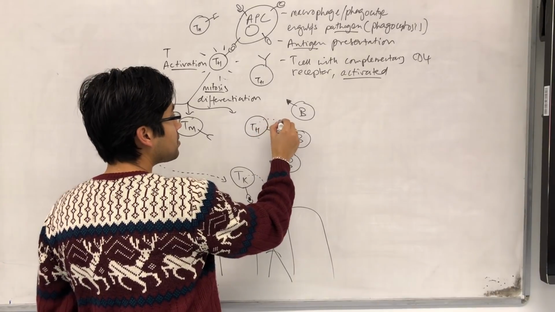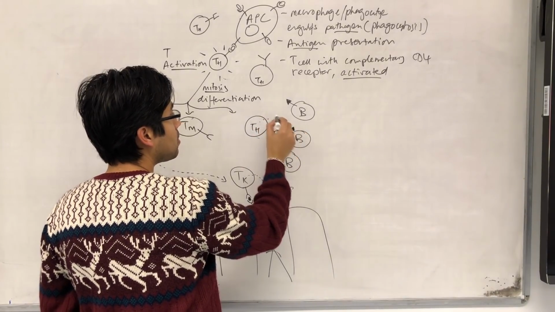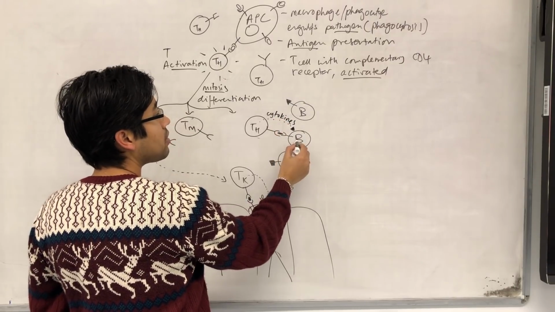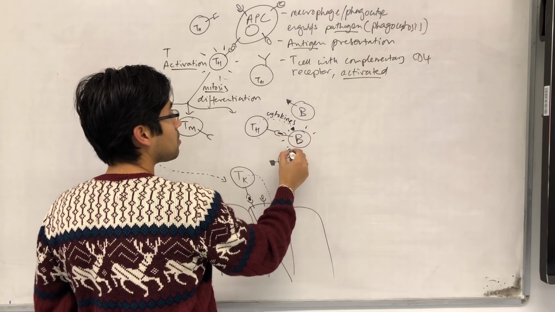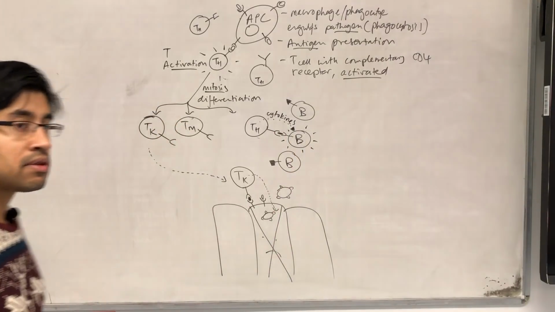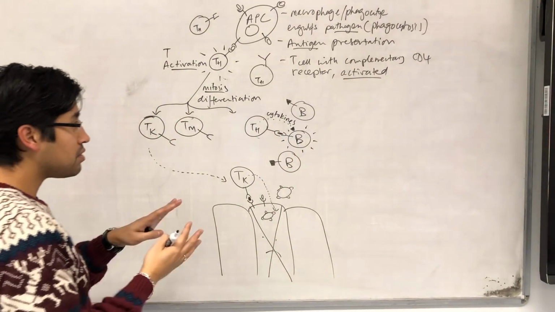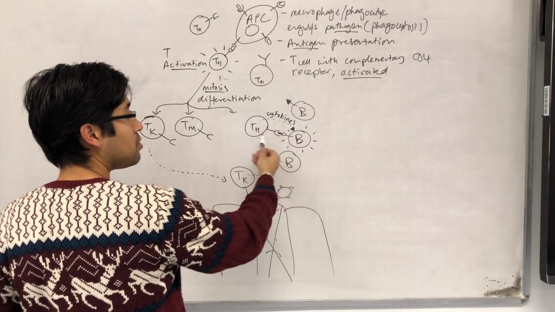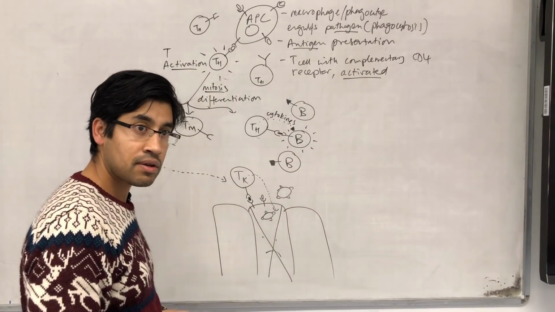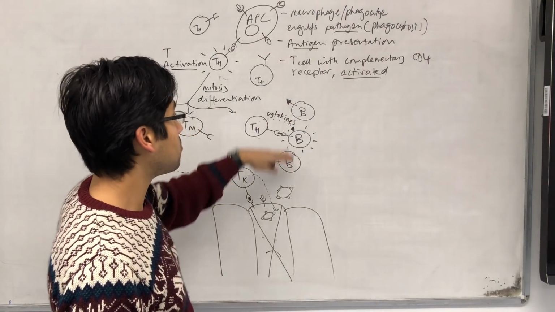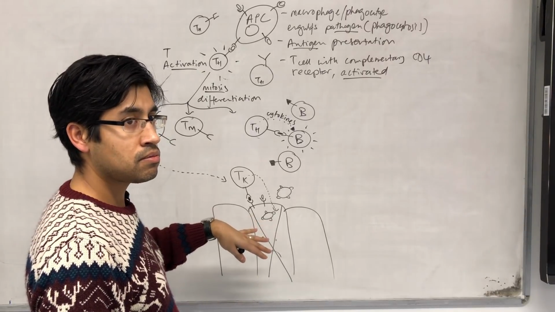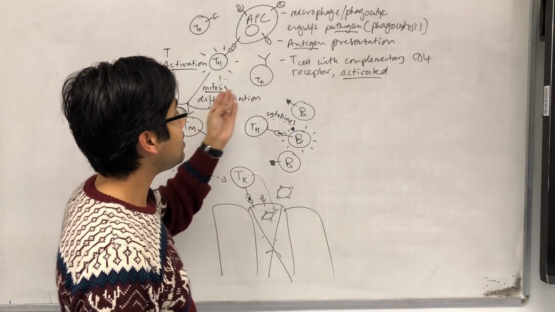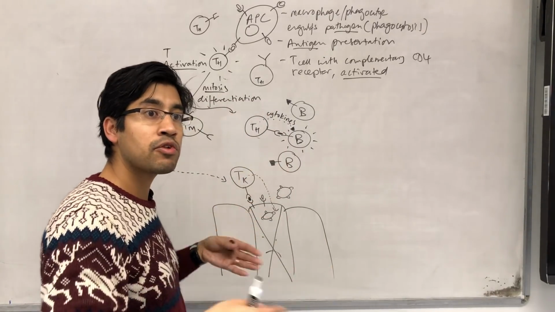Then the T helper cell releases a substance that causes the B cell to be activated, called cytokines. So there's two things here. The T helper cell has to undergo complementary binding to the antigen being presented. That's how it chooses the right B cell. But once it's chosen the right B cell, it then releases the cytokines that cause the B cell to become activated.